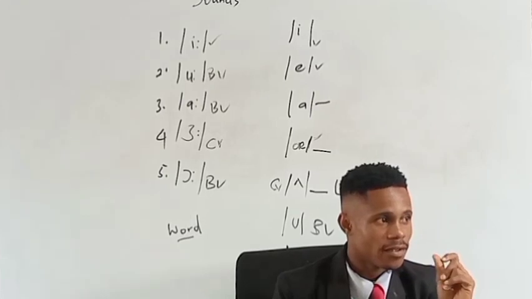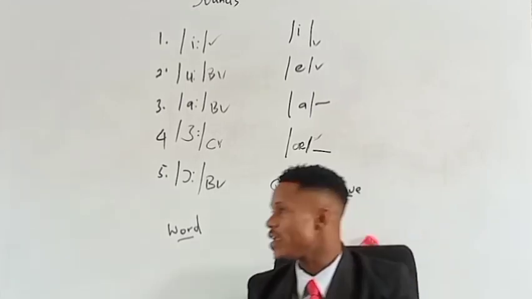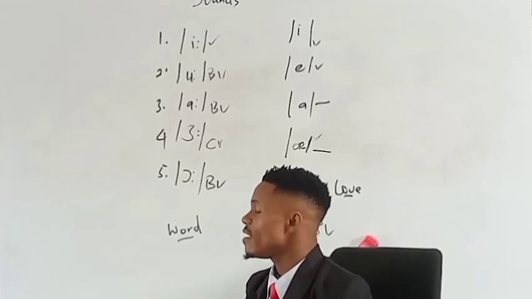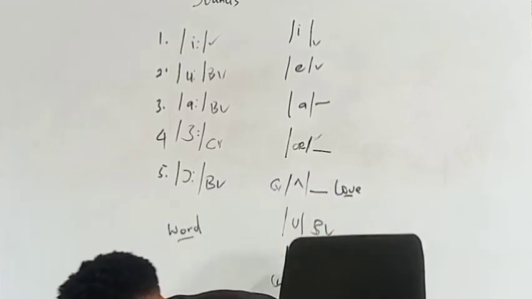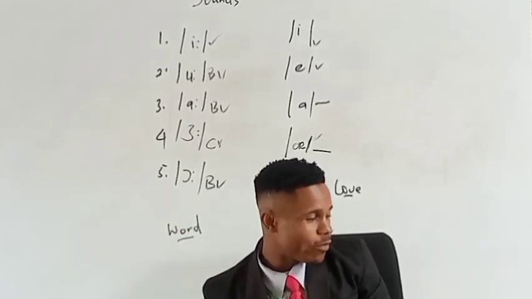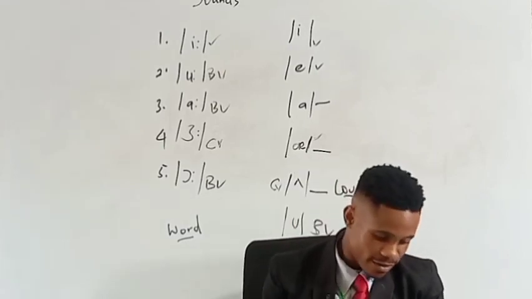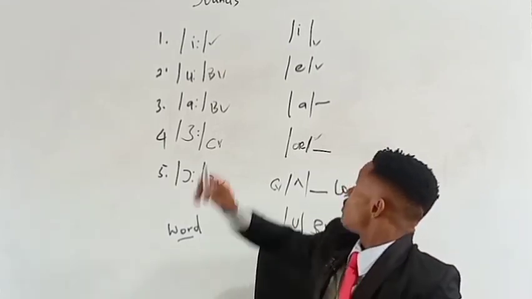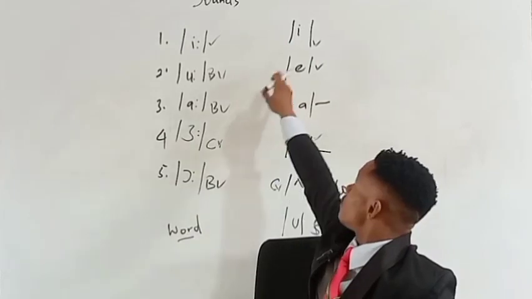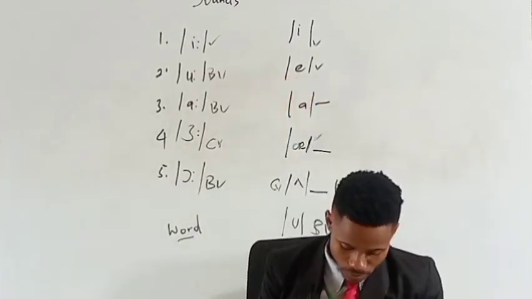If you are saying "wait," you are saying the vowel a, wait. I thought I mentioned this vowel, that this is a. Understand? It's not e, a.